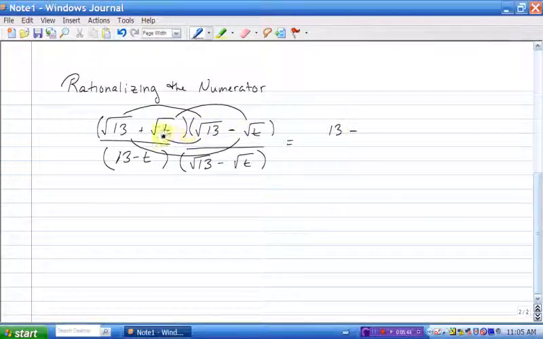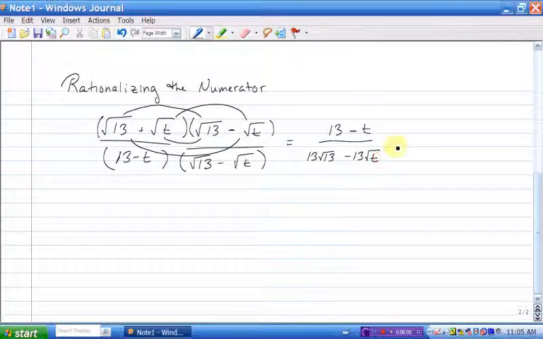On the bottom, we just distribute. So my first times my first is going to give me 13 radical 13. My outers, minus 13 radical t. My inners, minus t radical 13. And my last times my last would be plus t radical t.